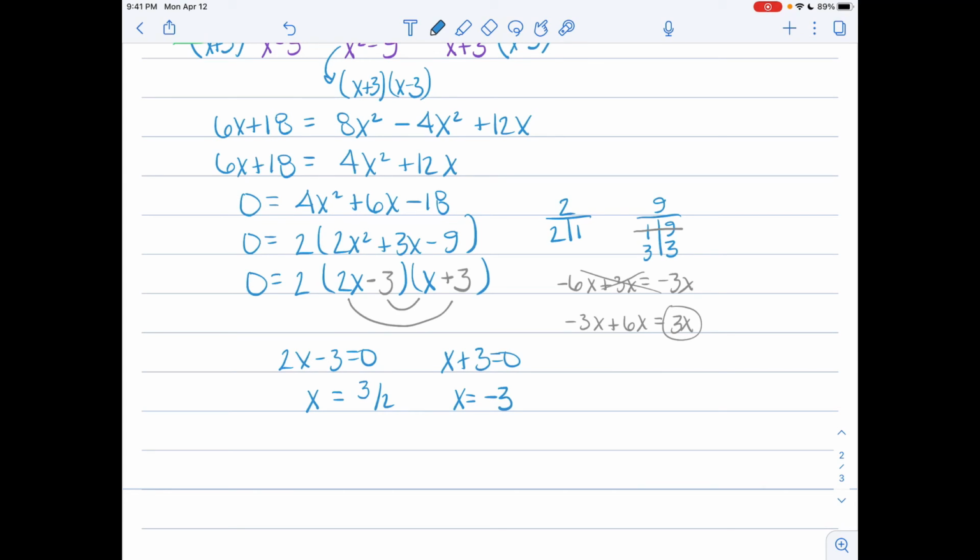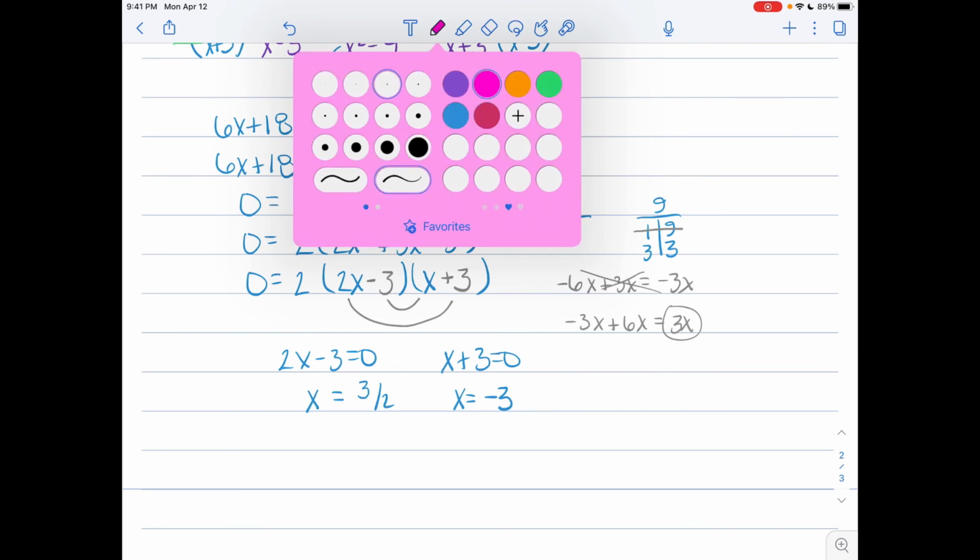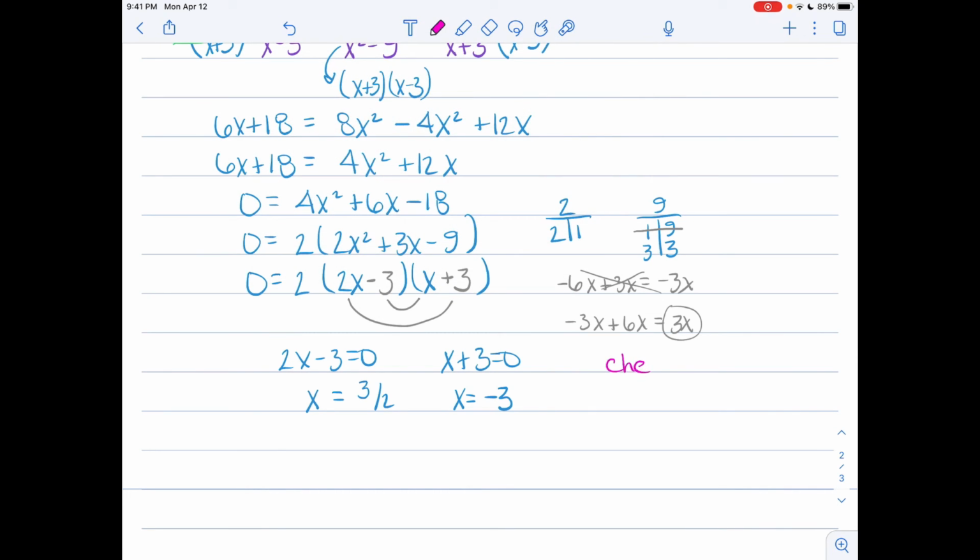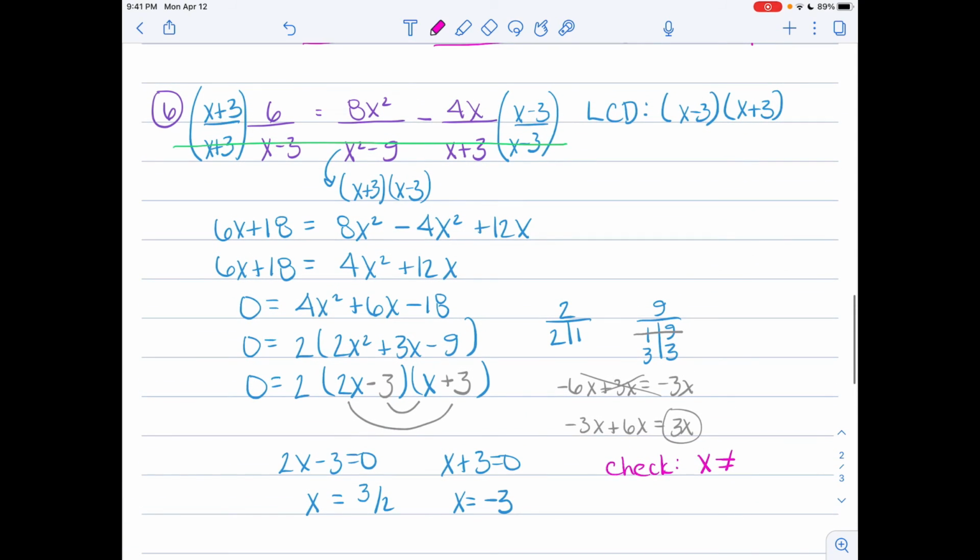Now, one last time, we need to do our check. So when I do the check, x cannot equal, let's see what we had here. We had x minus 3. So if I put a positive 3 right here, I would get 0, and I don't want that. So x can't equal 3. And the other thing x can't equal is a negative 3, because negative 3 plus 3 would also be 0.